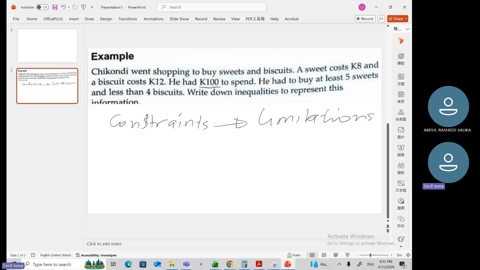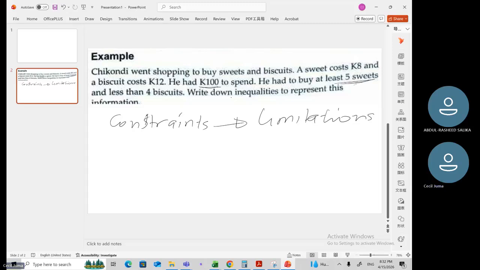So we have another one. You have to buy at least 5 sweets. So whatever you're buying with the 100 kwacha, you should buy at least 5 sweets.